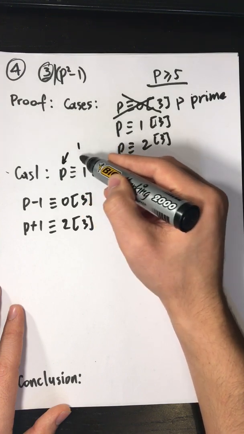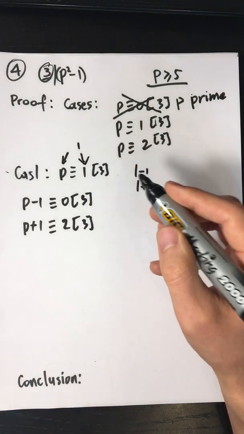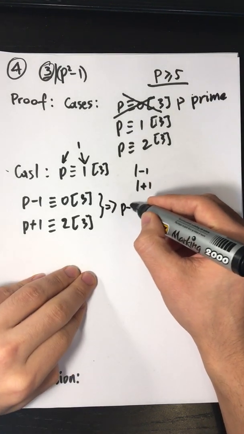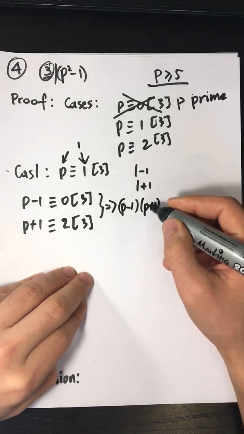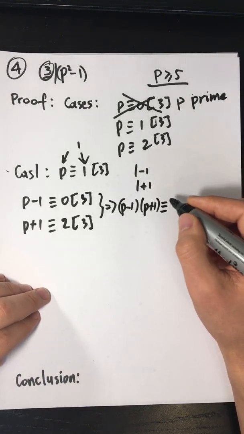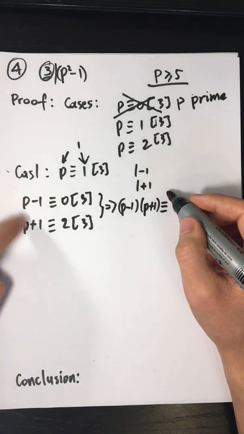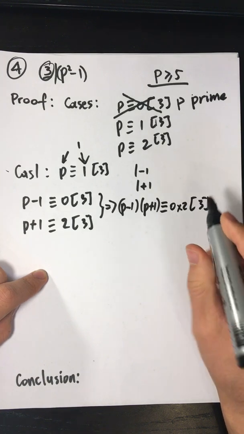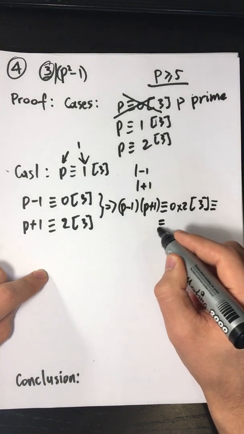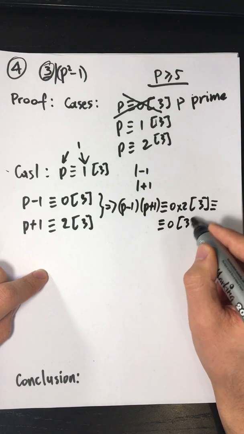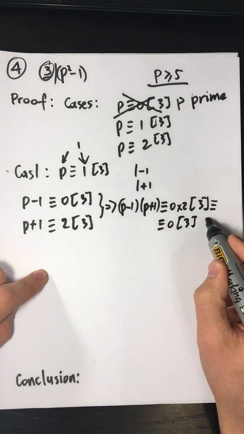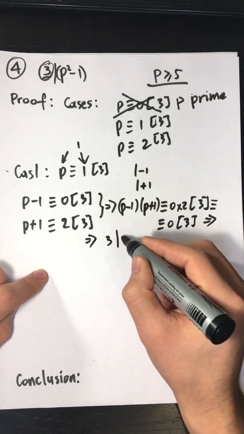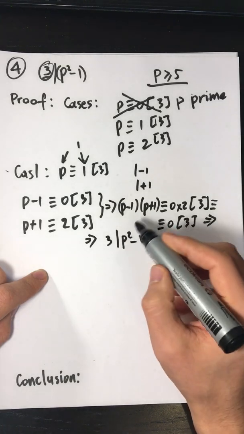Okay, so p minus 1 and p plus 1, you can multiply according to the property: 0 multiplied by 2, mod 3, right? And it means it's 0 mod 3. From this you can decide that 3 divides p squared minus 1.